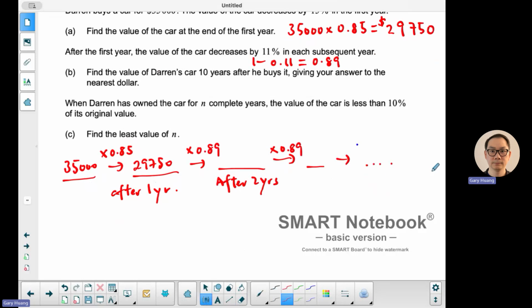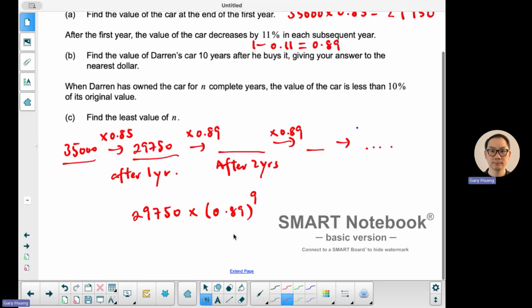And I want after 10 years. So this is my first term, not that. 29,750 multiplied by the common ratio raised to the power of r, right? I don't count the first year because the first year is 15%. So I'm going to have 9 years of decreasing by 11%.